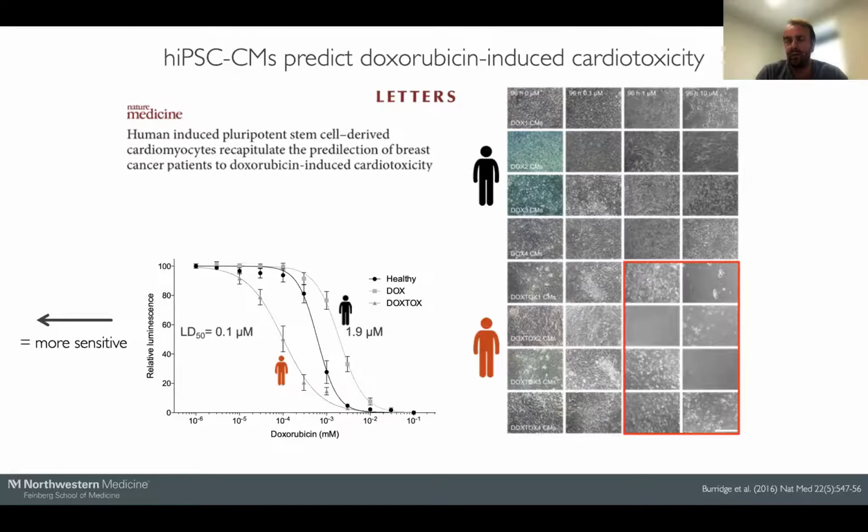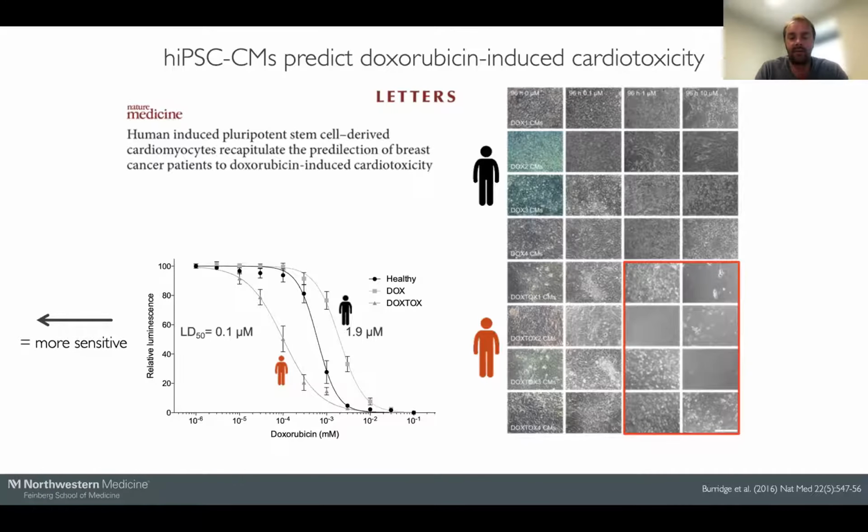In many ways, this is also the first demonstration that this predisposition is actually genetic, because the only thing the iPS cells get from the original patient is the genome. Everything else, they lose their epigenetic state, and really it's just the DNA that is transferred.